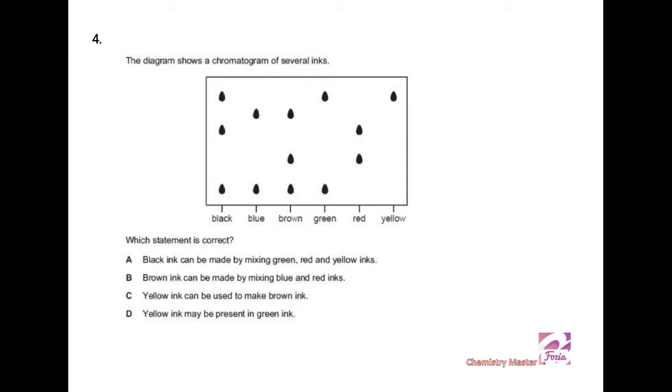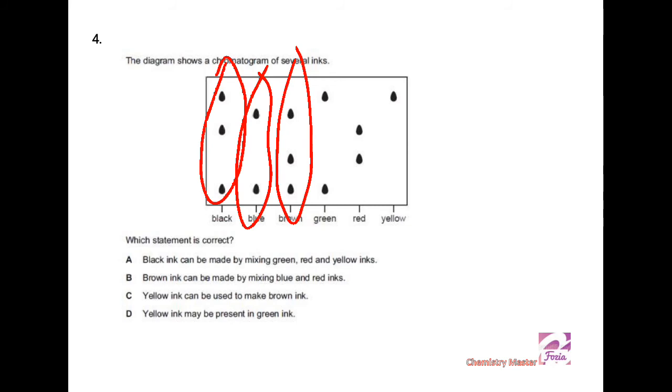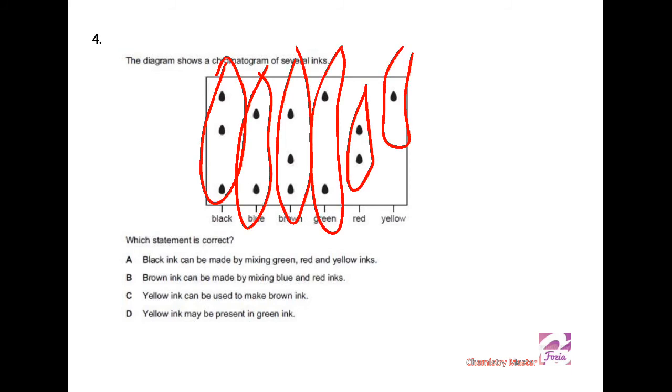So here we see so many spots are given from the inks. The black ink gives us 3 component points, and the blue one is giving just 2 spots. The brown, we are getting 3 different spots, 3 different colors at different heights. The green is giving us only 2 spots. The red has given 2 spots and the yellow one has given only 1 spot.